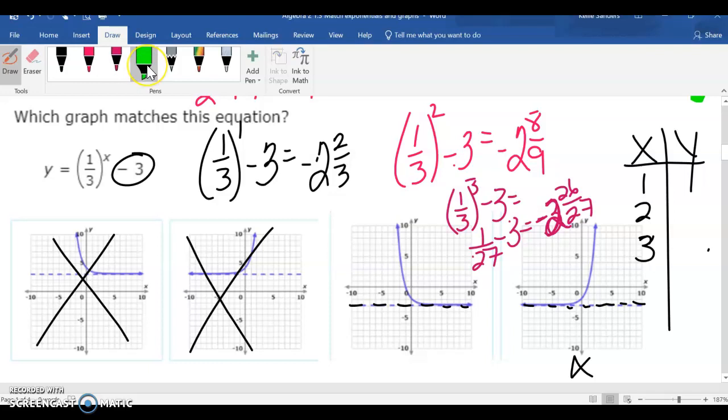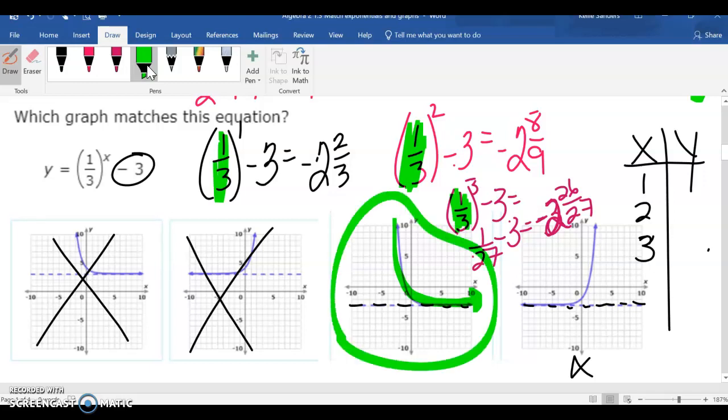So what's happening is, because the base of your exponential is a fraction, it's going to get smaller and smaller and smaller as you go to the right. Okay? So just kind of remember that.